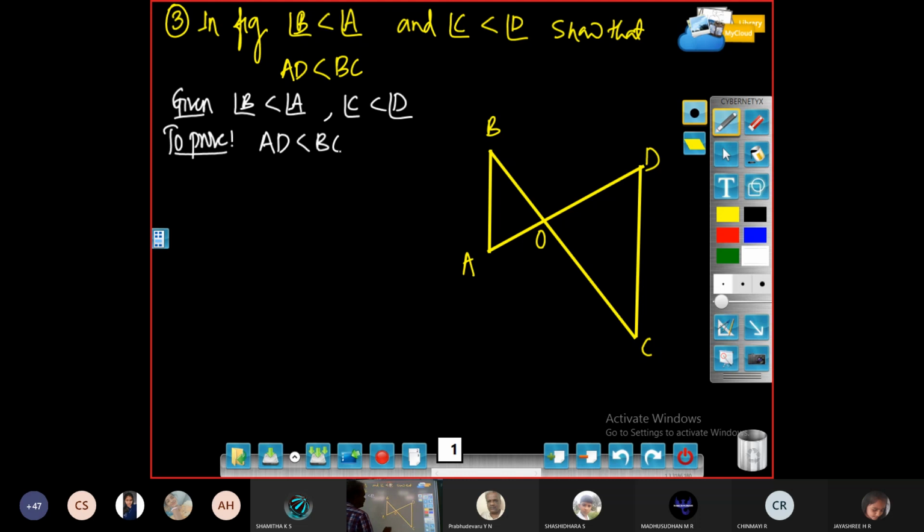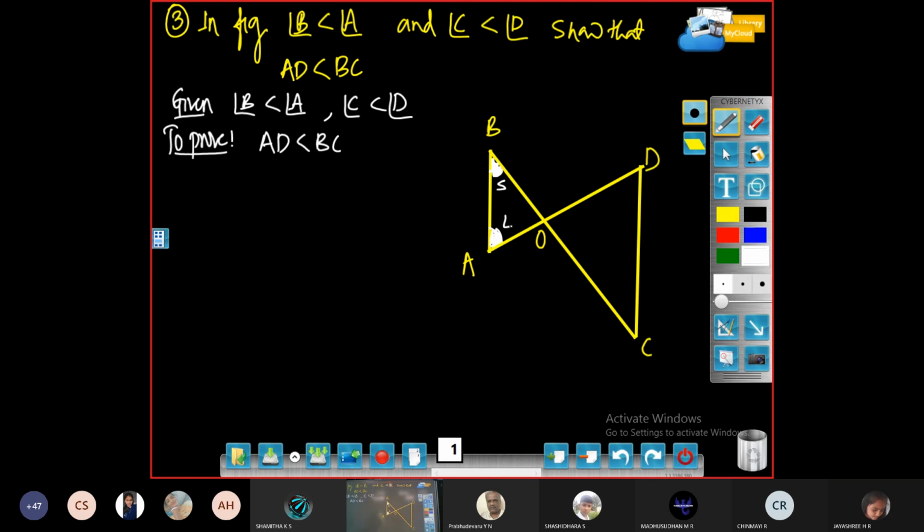Compare this one. In this triangle, angle B is smaller, so angle A is larger. Simply I use the symbols S and L for smaller and larger.